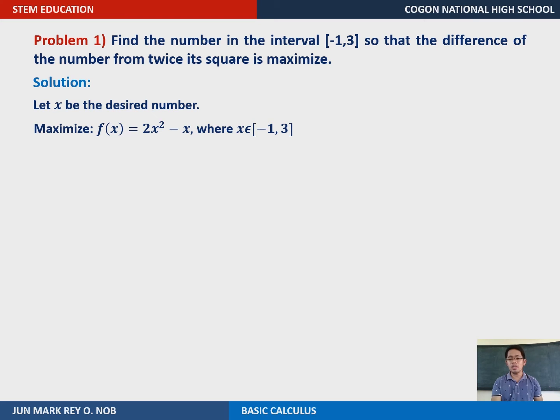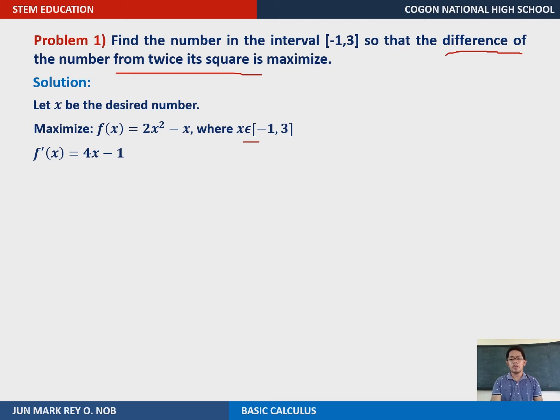Our objective function is f of x, which is equal to the mathematical statement corresponding to this phrase: the difference of the number from twice its square. So basically, that's 2x squared minus x. And of course, based on the problem, the desired value of x should be within the closed and bounded interval -1 to 3.